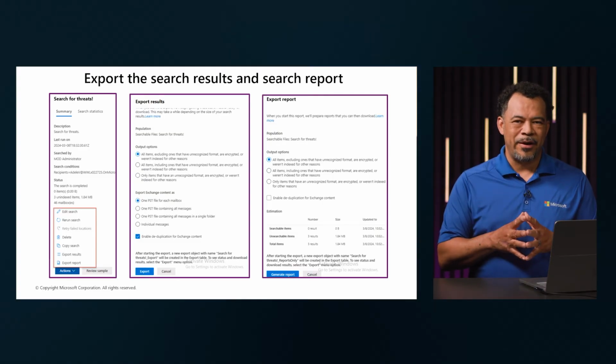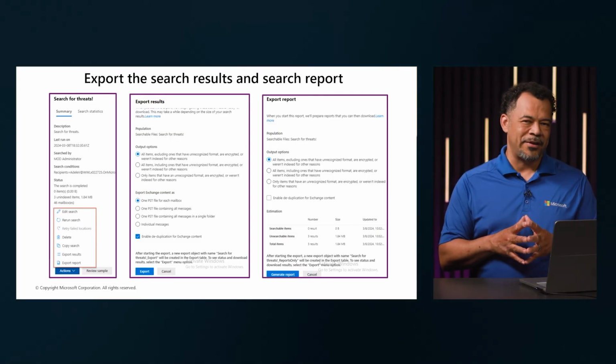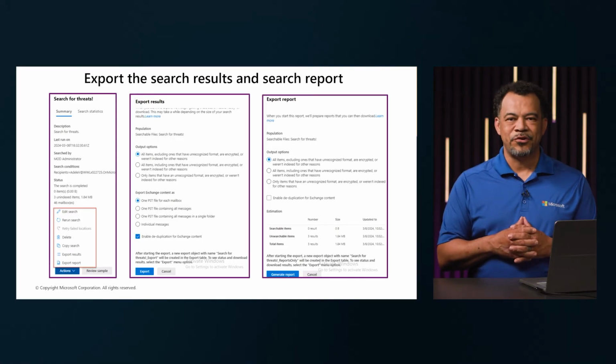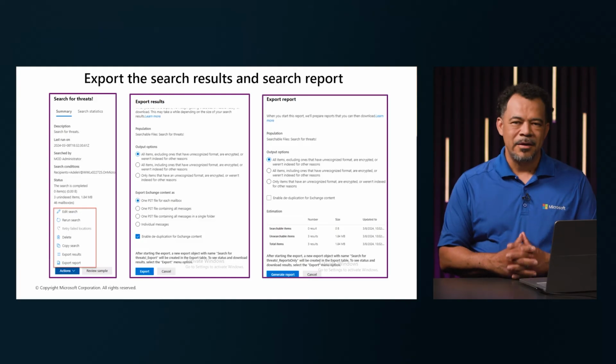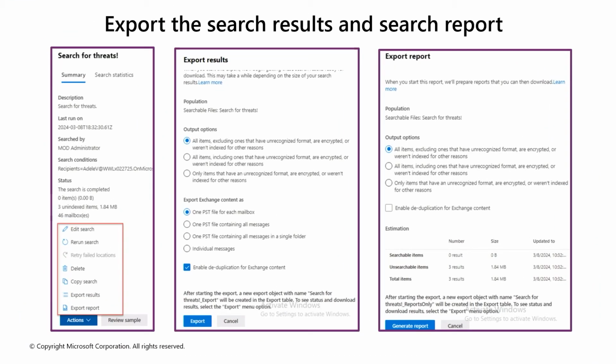Some prerequisites for exporting the search results include: the user exporting the search results must be assigned the export management role. Microsoft Edge must be used to run the eDiscovery export tool, i.e. Internet Explorer 11 is no longer supported. Organizations should ensure they can connect to the endpoint in Azure, which temporarily stores the exported data before it's downloaded to your local computer.